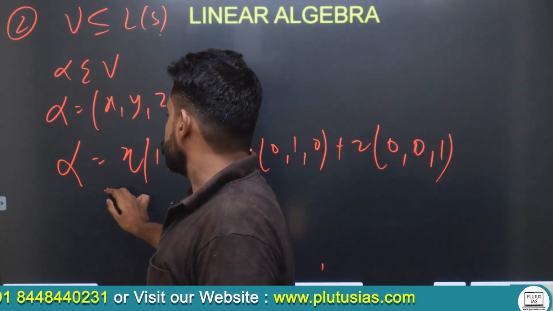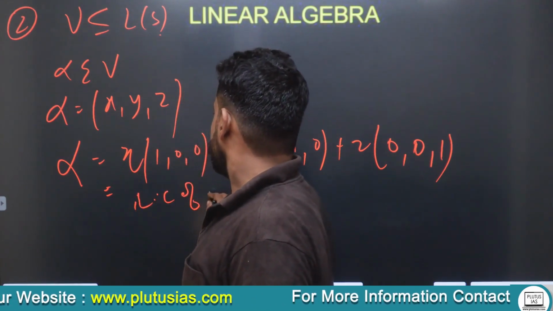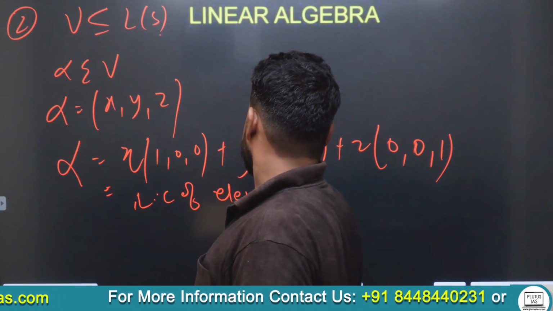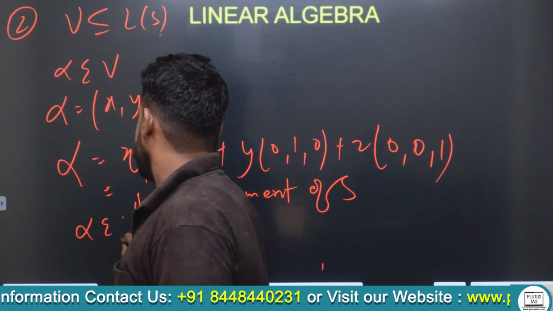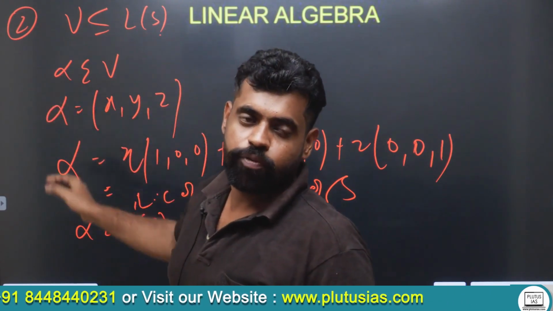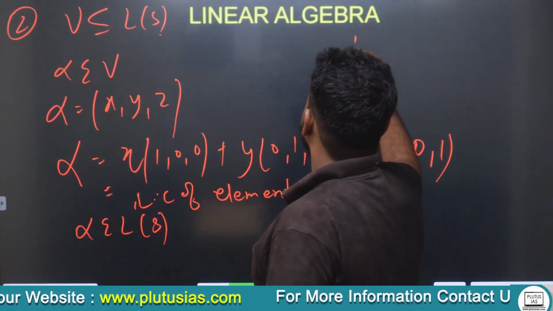This is a linear combination of elements of S. Thus alpha belongs to LS. So we have taken alpha belongs to V and we have proved that alpha belongs to LS. Thus that means that V is a subset of LS.